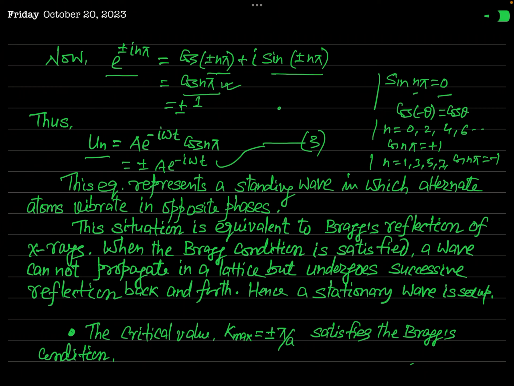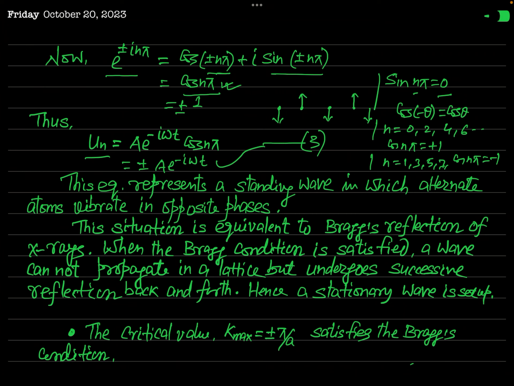As this plus minus sign represents what? Actually, if you assume that these are the atoms of a monatomic linear lattice, when this atom moves in the upward direction, definitely this atom will move in the downward direction, this will also move in the downward direction, and again this will move in the upward direction, then these two particles will move in the downward direction.